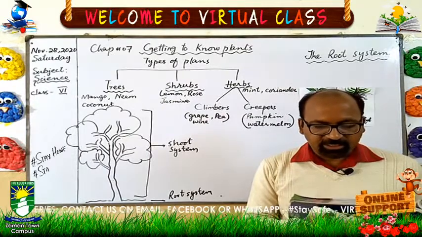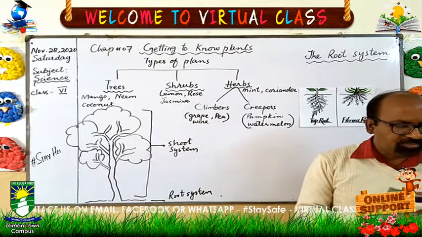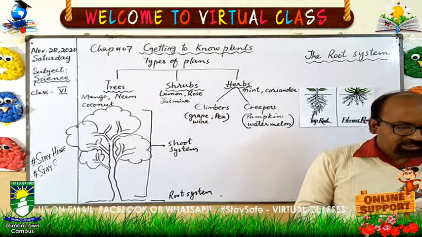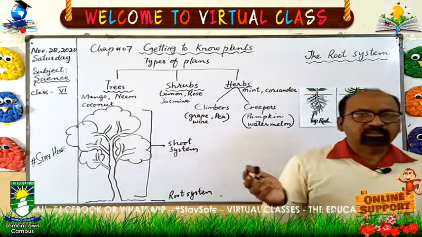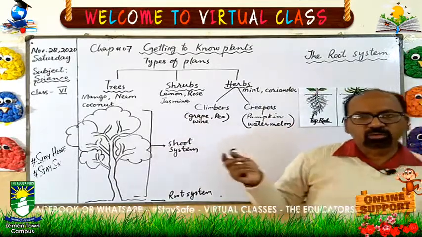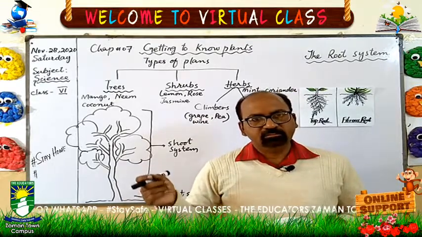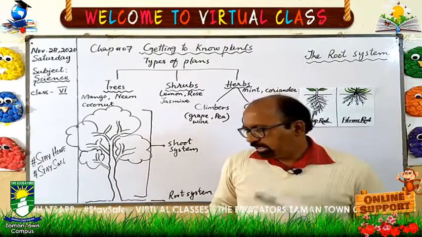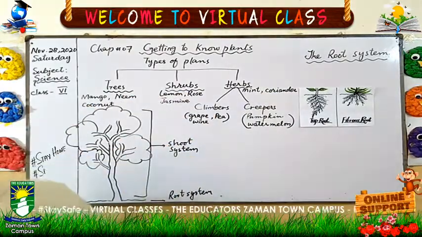Plants having taproots are mustard, neem, rose, pea, beans. And if you want to see the roots, just go into your garden and take out the plant. Like I'm going to show you a plant.